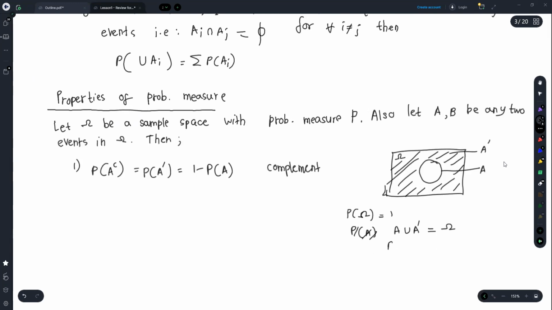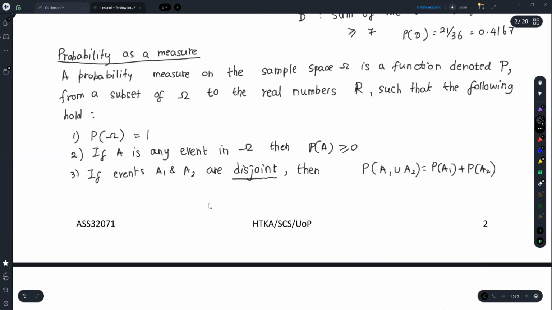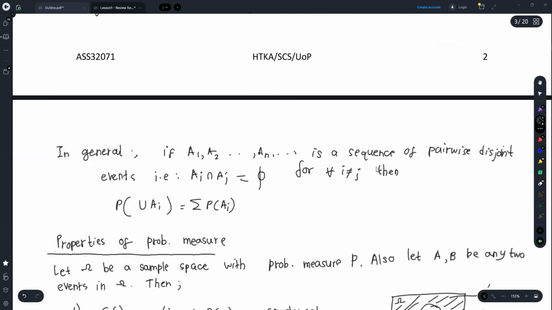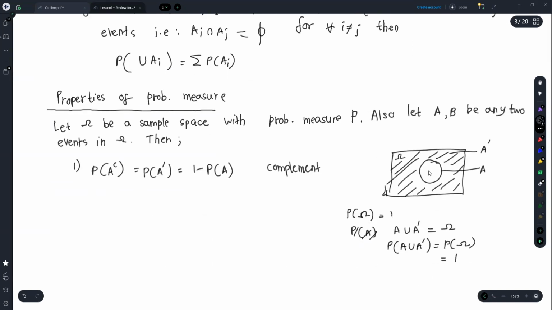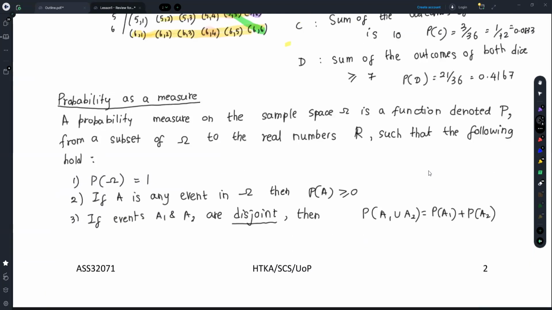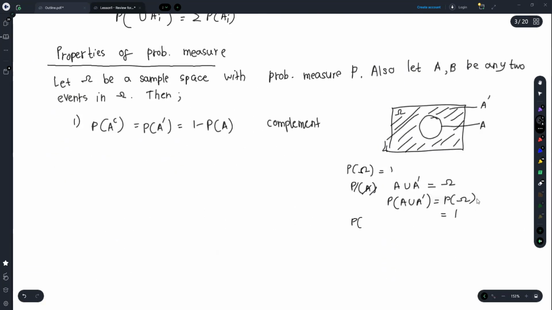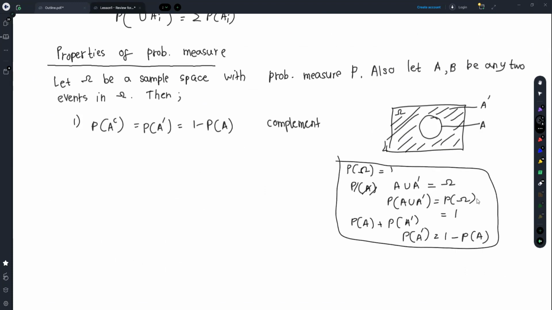So if you take the probability of both sides, what do you get? This is 1. And according to the previous properties, when A and its complement are disjoint, they are not overlapping at all, right? Complement means the other set, not A, right? So you can add the individual probabilities. So this will be probability of A plus probability of A's complement. So the probability of A's complement will be 1 minus P(A).